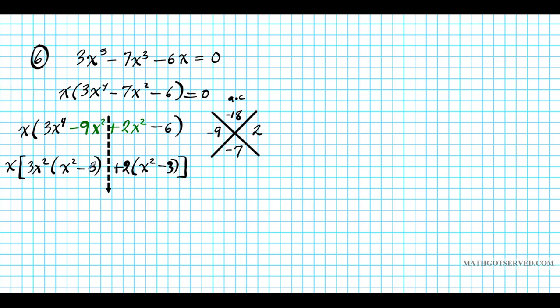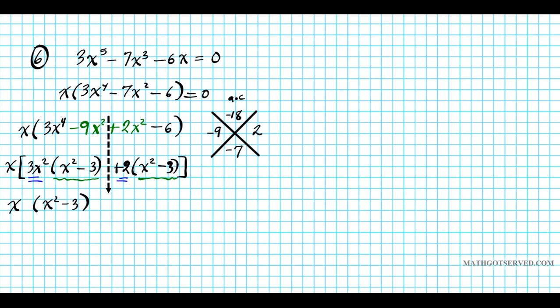You notice that these two quantities in the parentheses are identical, which is excellent, which means that our factorization is going well. So bring down the x. The x squared minus 3 is a common algebraic factor, so we factor it out, x squared minus 3, and then we're left with 3x squared plus 2.